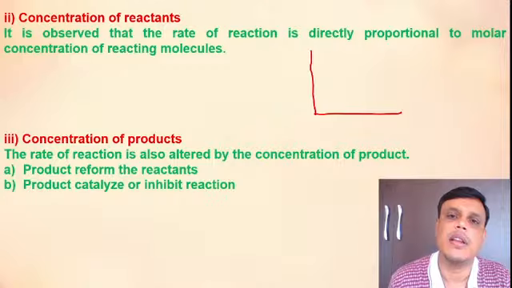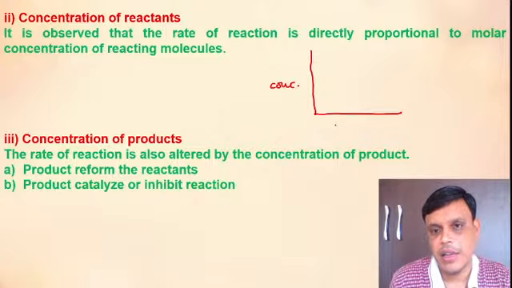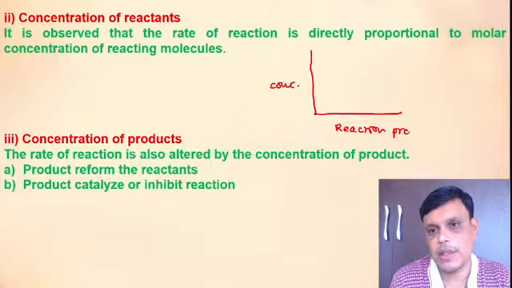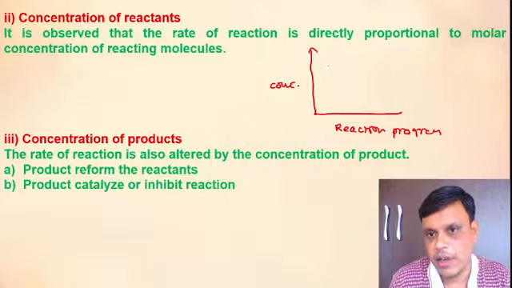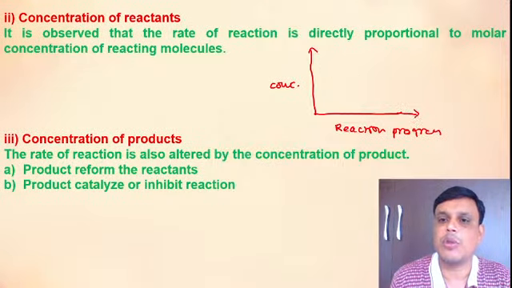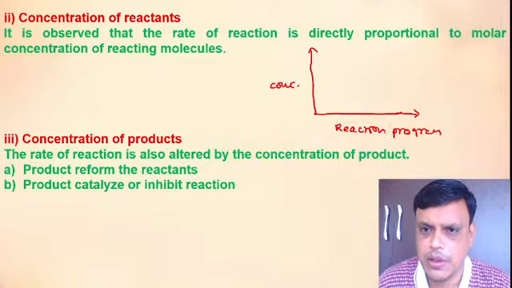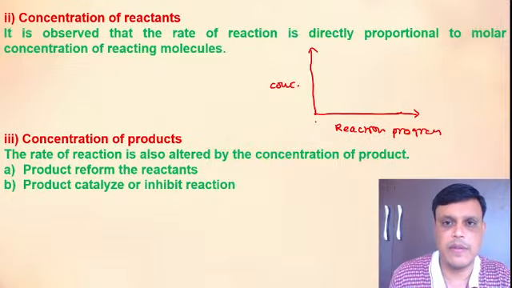Here concentration is there, and here reaction progress is there. ठीक है. So on the y-axis concentration is there, and on the x-axis reaction progress is there. It may be time or whatever factor we are considering.